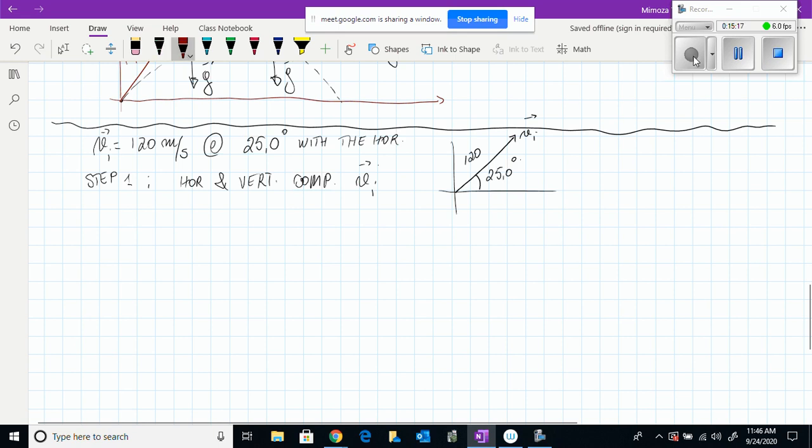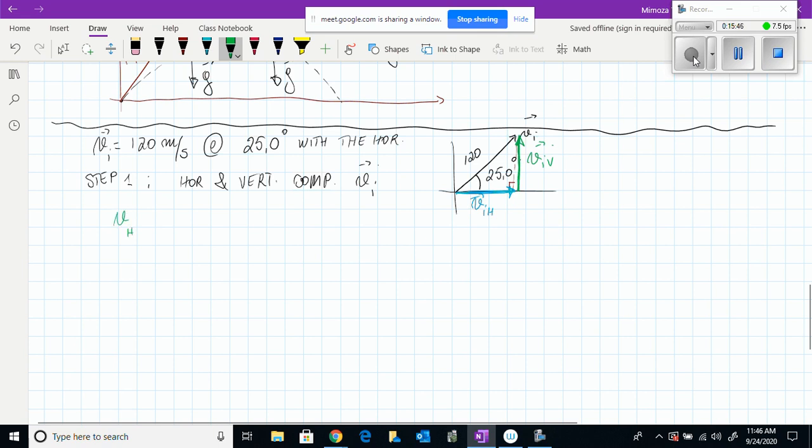So then you will create the right angle triangle that includes the given angle. Whatever is on the horizontal will be the horizontal component of, in our case, the initial velocity. And whatever is on the vertical will be the vertical component of, in our case, the initial velocity.